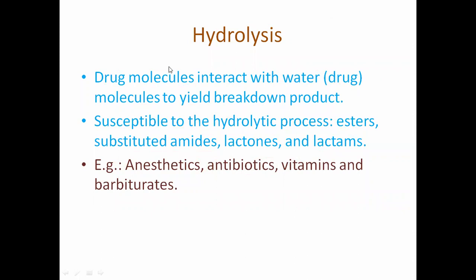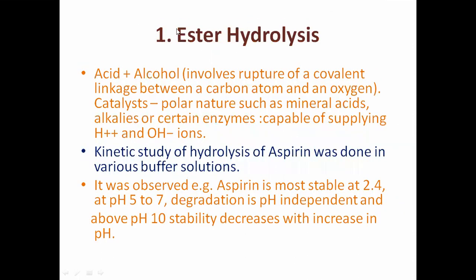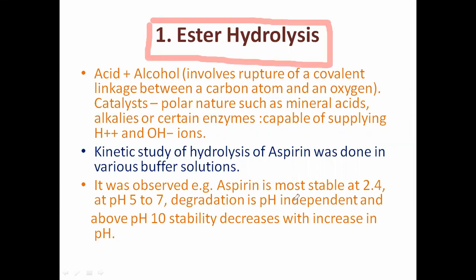Now, the first point under hydrolysis which we are going to discuss is ester hydrolysis. Under ester hydrolysis, the first example which we are going to see is acid plus alcohol, which involves a rupture of a covalent linkage between a carbon atom and an oxygen.